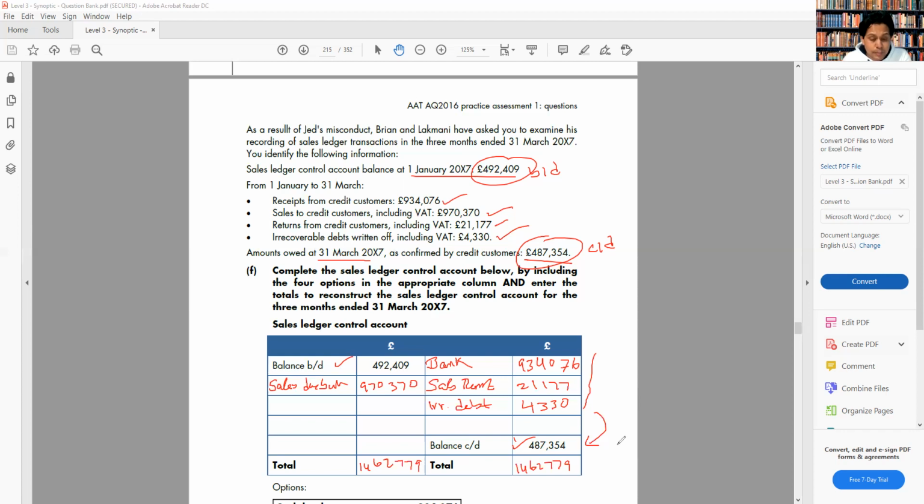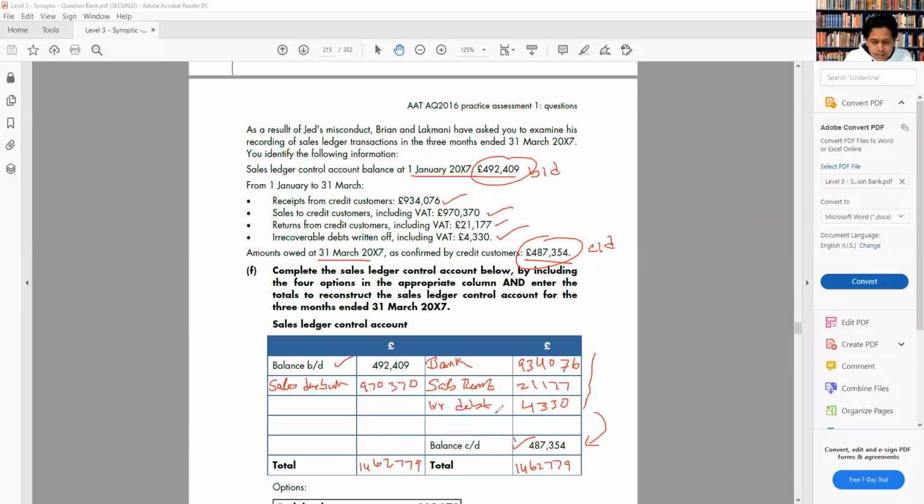If this is not the balance CD, we need to find the difference, and we need to say why there is a difference. So we can see, we have the journal, and we have a difference that is shown here. Let's have a look. How much is the balance?